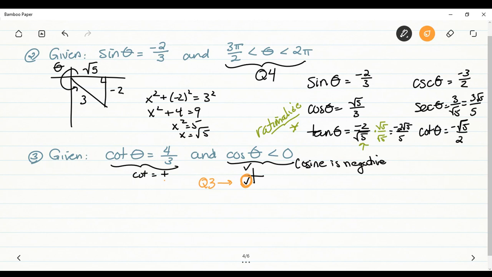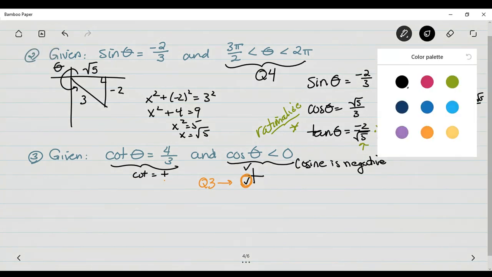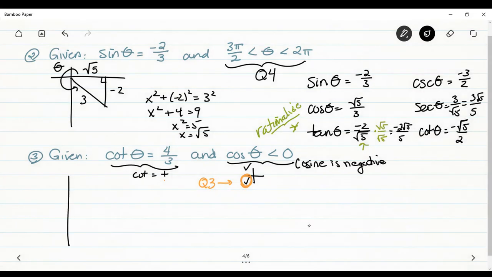Okay, so the combination of both of those things, the overlap, will be your actual quadrant. Okay, so let's draw our triangle, quadrant 3. Our reference triangle goes here. Here's our angle. Our cotangent ratio is adjacent over opposite, and we did this triangle before, and we know that this is going to be 5.